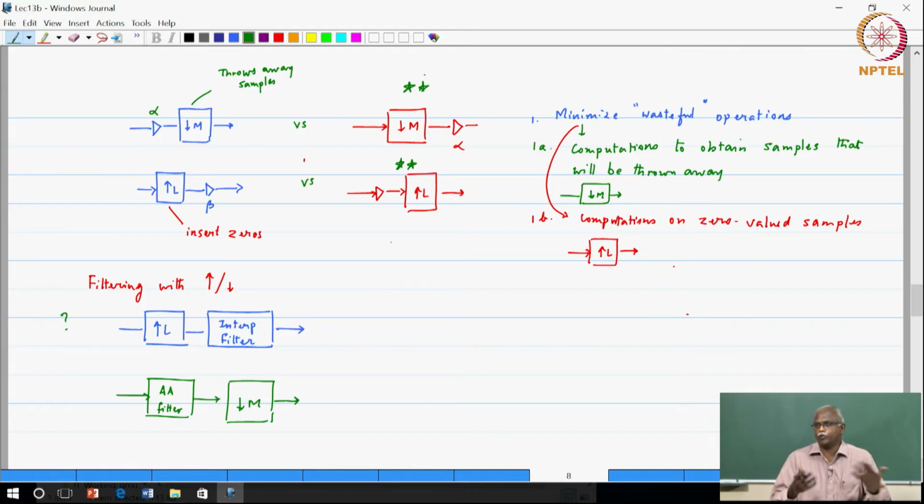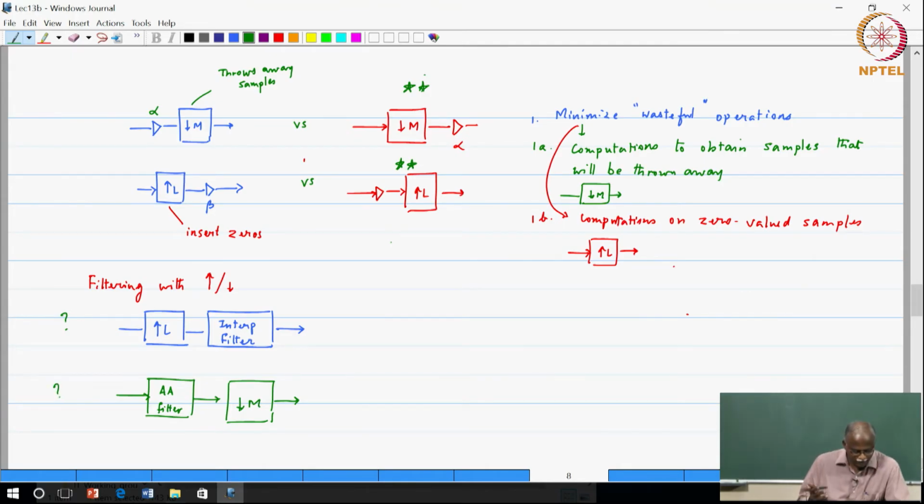Of course, there is a lot more that we will study, but at the foundational level, these are the two operations. Now, this one also conflicts with the requirement, because what does it say? If you are going to do downsampling, do not do all the operations and throw away samples. But if you do the downsampling without doing the filtering, then aliasing will come in, and I will be in bigger trouble. So again, there is a big question mark saying, what do I do?